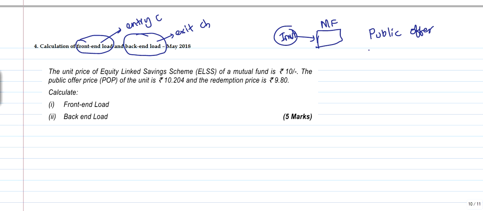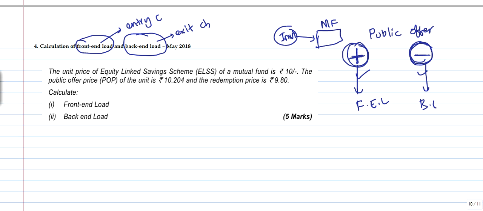When they sell the mutual fund, when you purchase, they will add some charges. When you redeem, they will deduct, so you are at a loss in both cases. So when you purchase they charge some amount, when you redeem they deduct some amount, an expense for you in both cases. This is known as front end load, and this is known as back end load. This is basic, as you know.